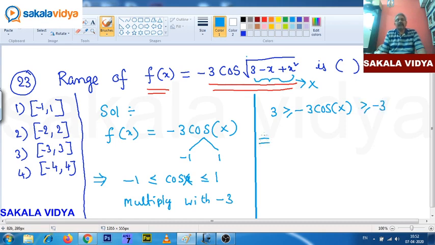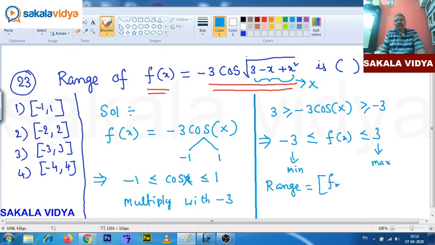This can be rewritten as minus 3 less than or equal to f of x less than or equal to 3. That means this is the minimum value of f of x, this will be the maximum value. So range is f min comma f max, that is minus 3 comma 3. So third option is the right option.